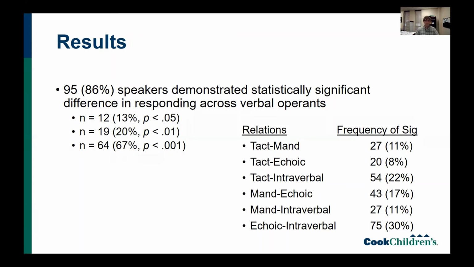Notably, these were not just marginally significant differences for the most part. More than two-thirds of the time, significance was found at the 0.001 level, demonstrating that we found pretty vast differences in the different verbal operants.